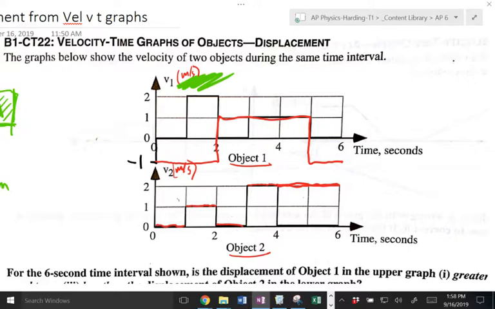Total? Are we talking practice? Displacement is by definition the total distance from the endpoint. Change of position, bro. Change of position.